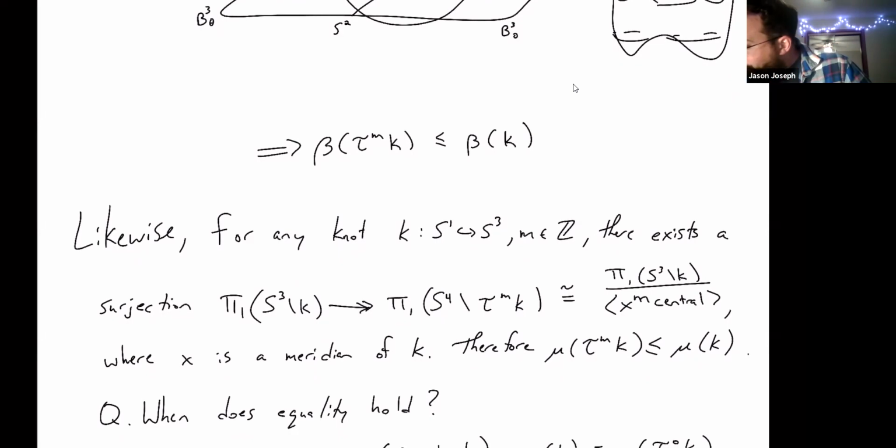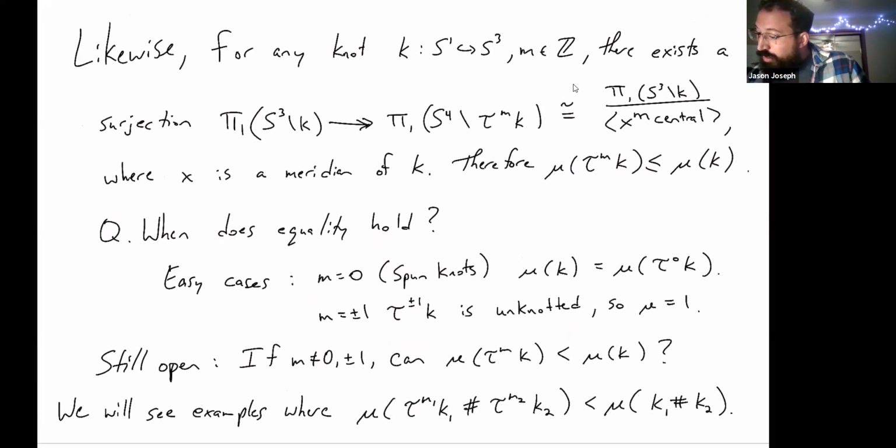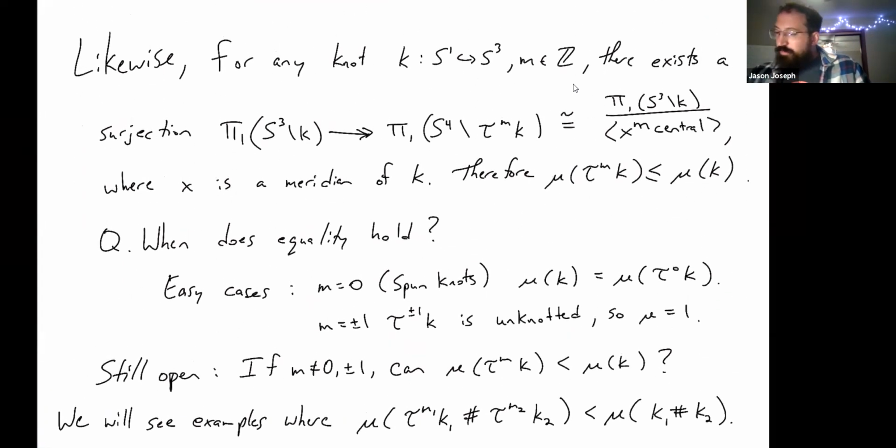And if you have some meridians here, they'll generate the quotient. So the meridional rank is potentially smaller for the twist spun knot. When does equality hold? So there are a couple of kind of dumb cases that should be mentioned. When it's just a spun knot, no twisting, the groups are the same, the meridians are the same, so the meridional ranks are the same.